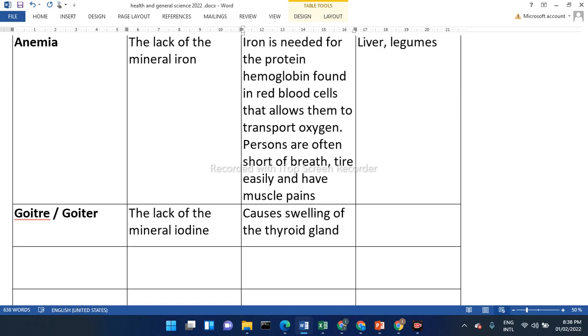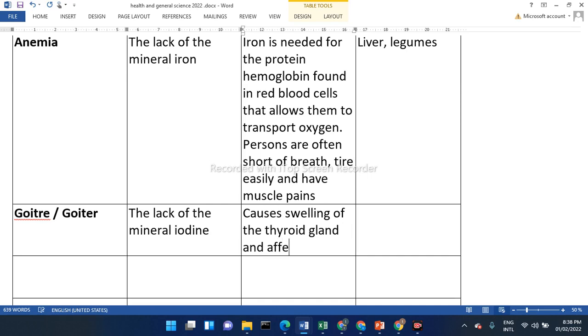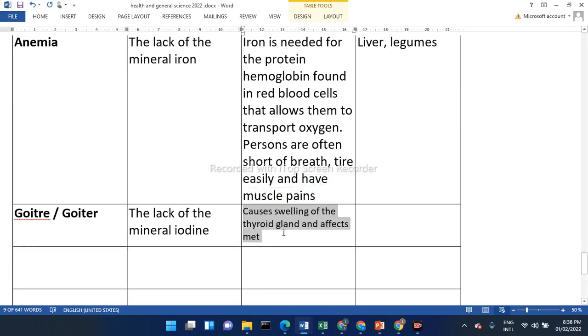It's in the trachea area. What's the shape of the thyroid gland? Like a circular Mickey Mouse ear or something. That's a good one. It's shaped like a butterfly.